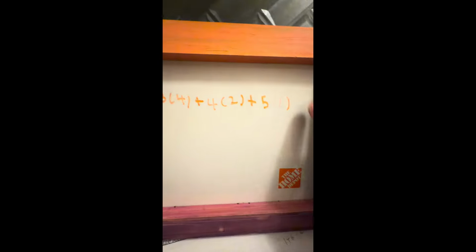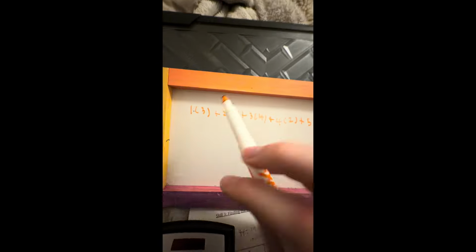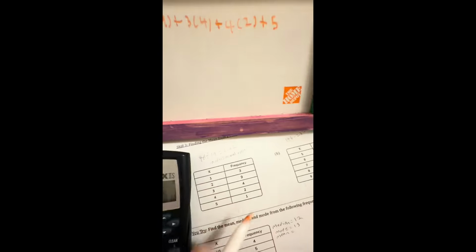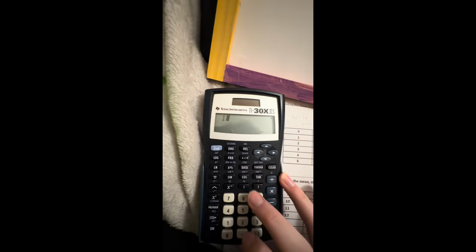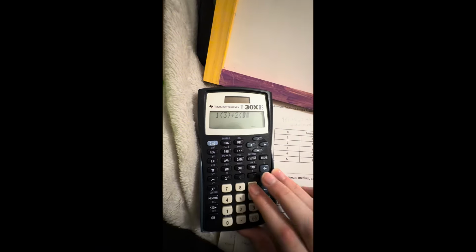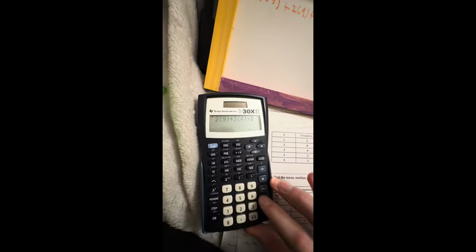Now, we can, but it won't change the result of it. Okay, so all of this winds up being 46. Now, I'll put it into my calculator so you can see. Okay, so 1 times 3 plus 2 times 9 plus 3 times 4 plus 5.